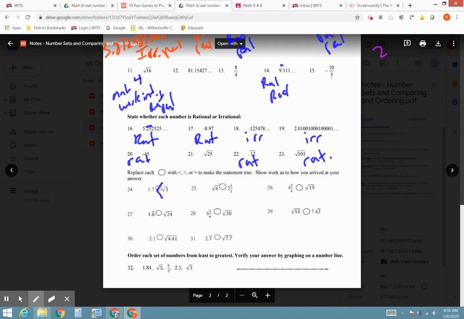So now I'm going to try the square root of 6, which is 2.44, and a half is 2.5. So it's this. Okay. Try number 29. Okay.